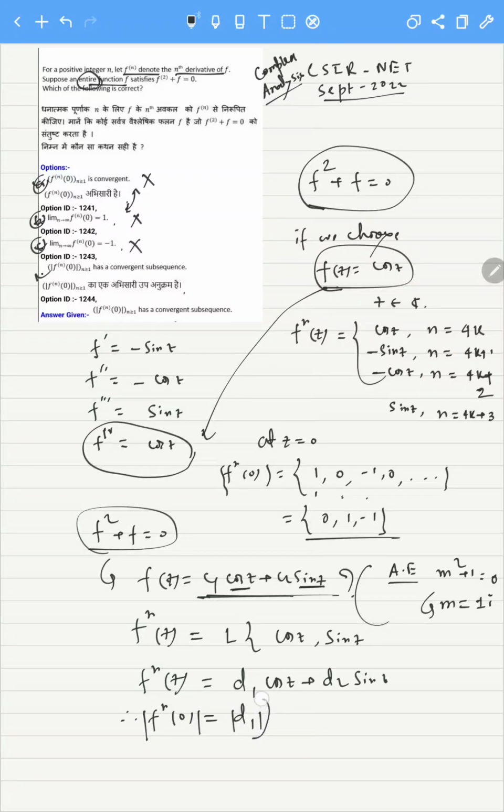Now it's a finite number, so the modulus of f^(n)(0), if we choose a sequence, this is a real sequence and bounded. So once we have a real sequence that is bounded, then by which theorem?